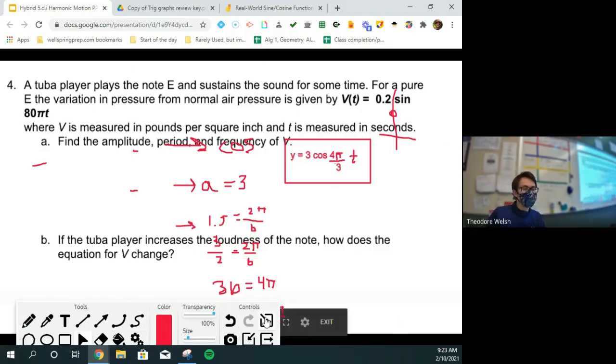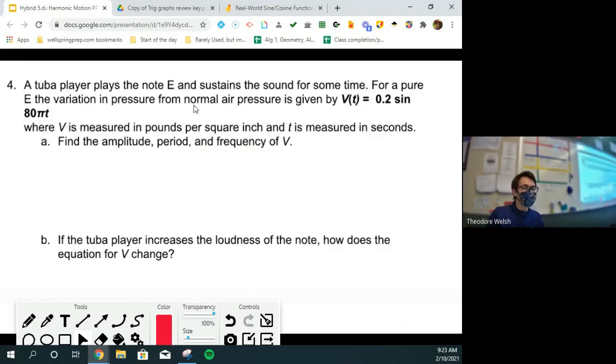For a pure E, the variation in pressure from normal air pressure is given by V of T, equals 0.2 sine of 80 pi T. V of T just means the same thing as a Y value, so don't get tripped up by that. It's just function notation, where V is measured in pounds per square inch and T is measured in seconds.